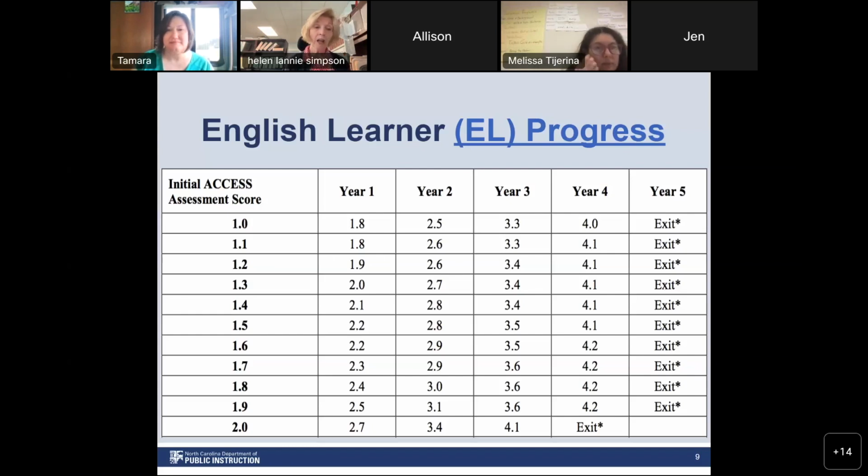And if you notice, the higher the initial ACCESS score, the student is expected to exit within a shorter time frame. So you see here, if a student enters somewhere at level 1, they actually have 6 years in which to exit.